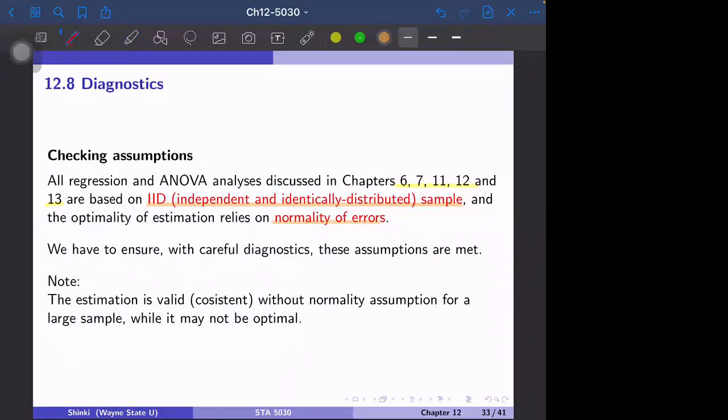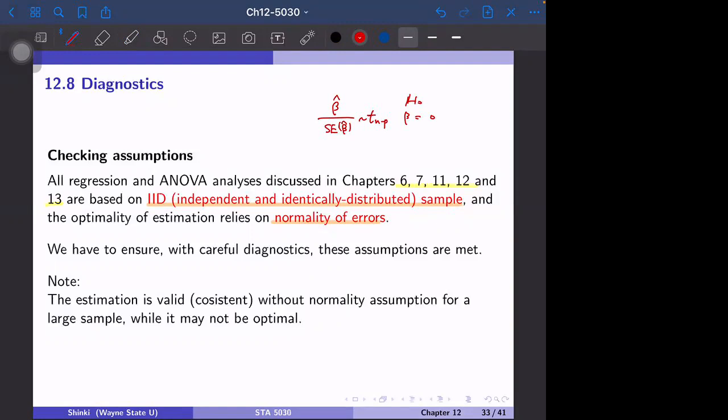For example, we test the coefficient beta hat in a linear regression, and we use beta hat divided by the standard error of beta hat to test if beta is equal to 0. This follows the t-distribution, but this entirely depends on the normal assumption of the error term.